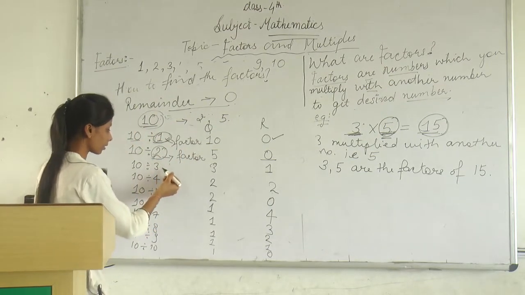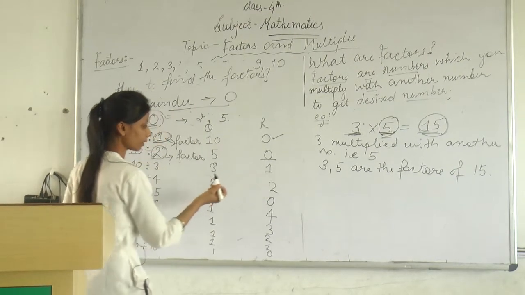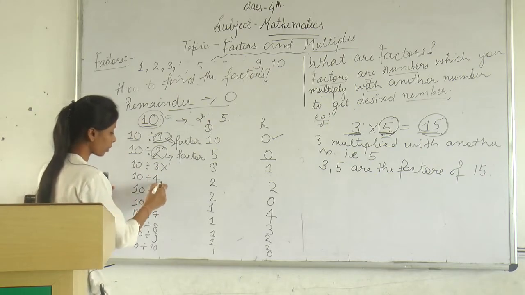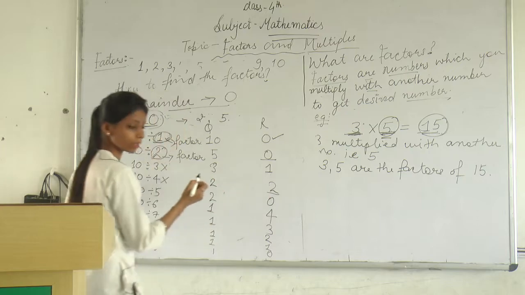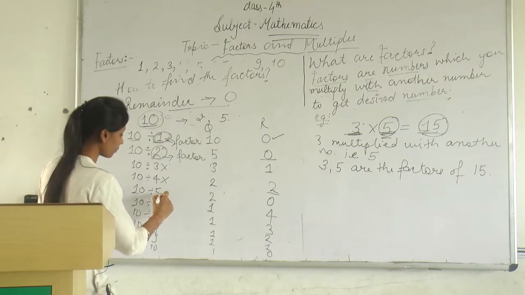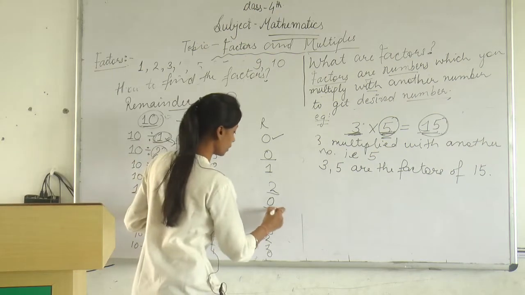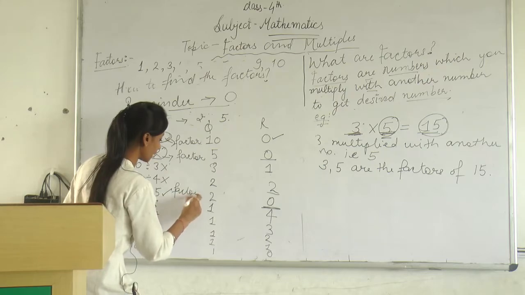Moving on to the next. If we divide 10 by 3, what remainder do we get? 1. No, this is not a factor of 10. Also 4 is not a factor of 10 because it leaves a remainder 2. Similarly 5 is a factor of 10 because it leaves a remainder 0. So it is also a factor of 10.